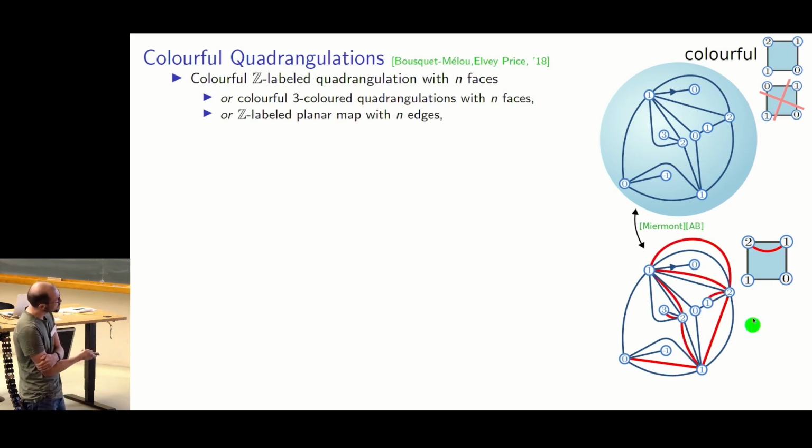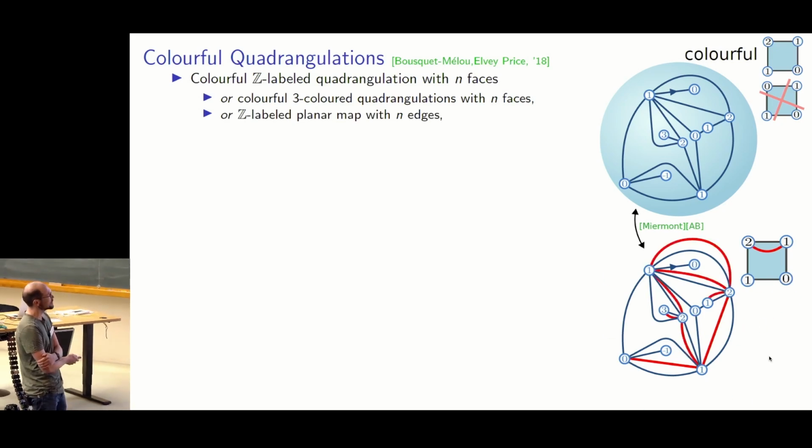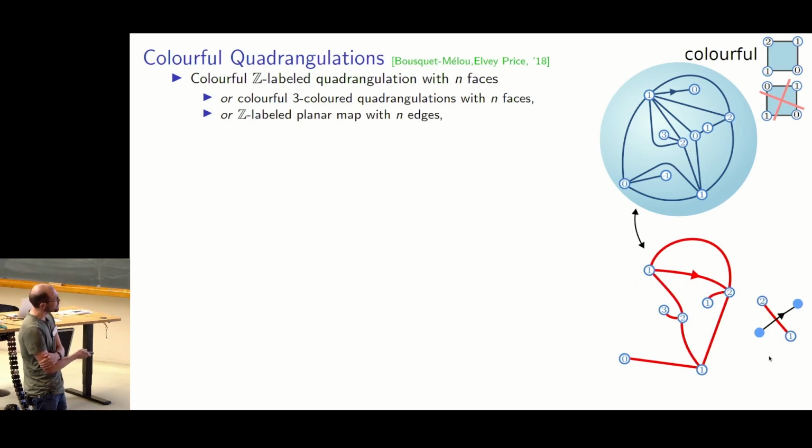If you do this for all the faces in the quadrangulation, what you get is a general planar map which is still properly labeled. Okay, so an integer labeling of general planar maps, and one can go back and forth here. So this is another way of seeing colorful labeled quadrangulations.